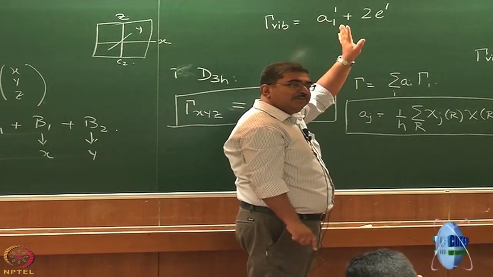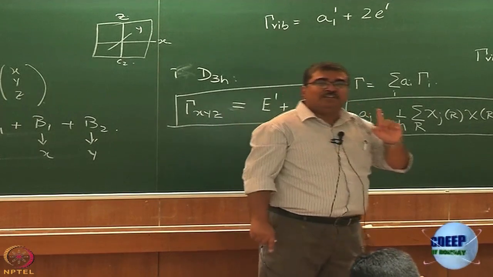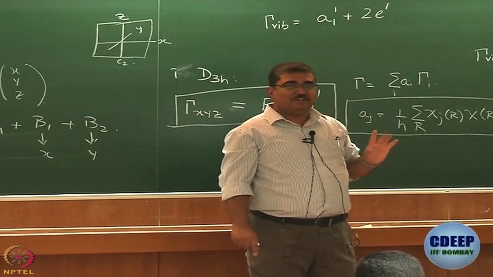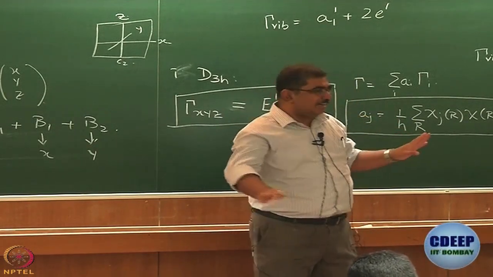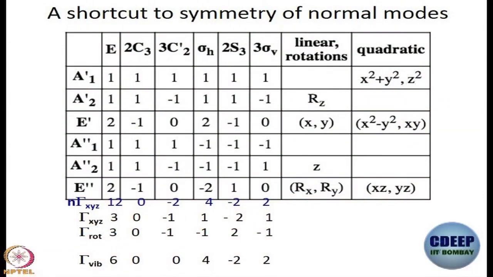Have you understood now? So, we have only one left to do. If you account for one more, we are done. Alright, what is the coefficient of A1 double dash, sorry? 0. No A1 double dash vibration. What about A2 double dash? 1? Sure?